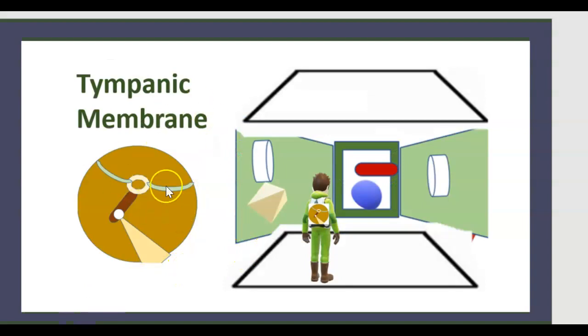Let's move to the tympanic membrane. Inside the middle ear, there are the roof, anterior wall, posterior wall, medial wall, and tympanic membrane.